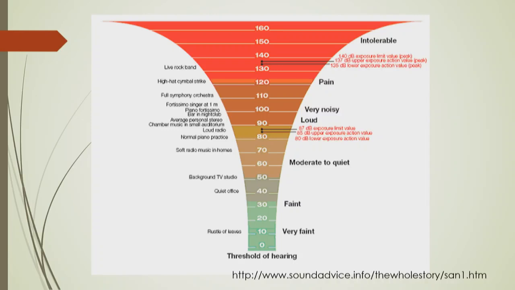That's a nice rule of thumb. If I'm within 3 feet of that piece of equipment and I have to raise my voice to be heard over the equipment, I'm at over 85 decibels and I should have on hearing protection.